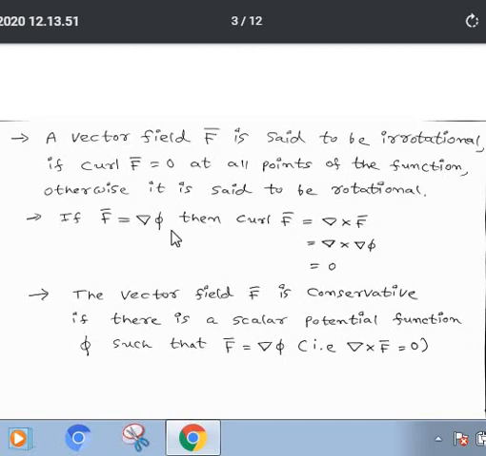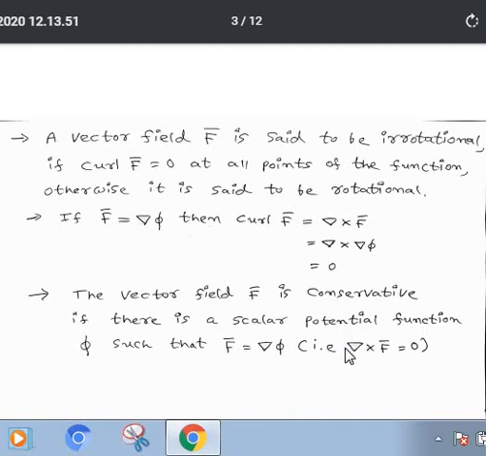If f bar is nebula phi, then what will be curl f bar? Curl f bar is nebula cross f bar, and here we are taking f bar equals nebula phi. So replace f bar by nebula phi. Now if you find out the cross product of nebula and nebula phi, the result will be 0, right? So if curl f bar is 0, then we have one important result, f bar equals nebula phi.